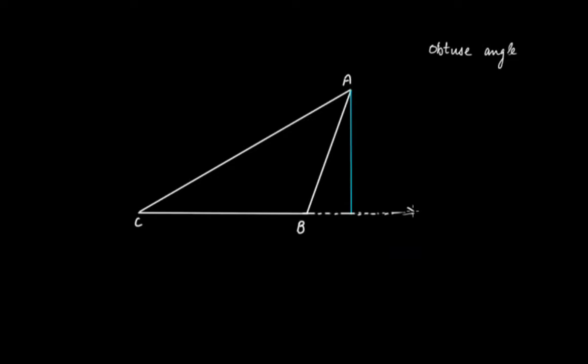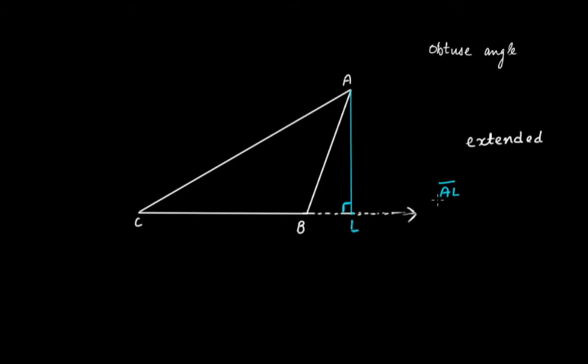It is the extended base, and it's making a right angle here, not inside of this triangle, right? Not inside of this triangle, but outside of the triangle. So if you extend this base, and this line segment intersects this extended base at L, then this line segment AL is one altitude which is outside of the triangle.